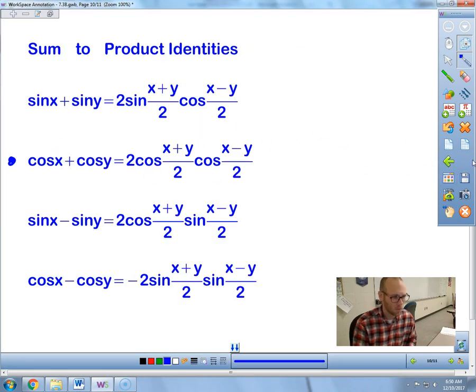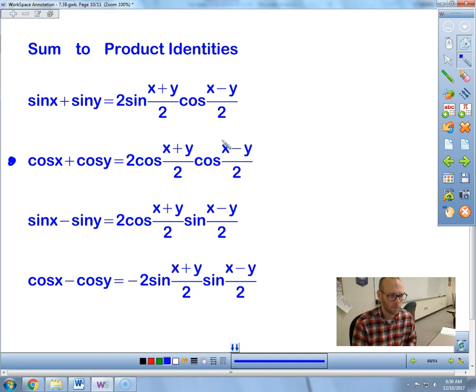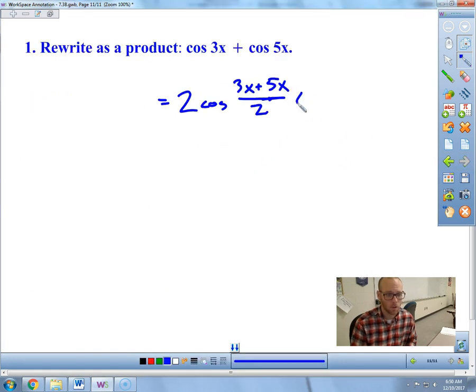What's my x? What's my y? Those are those two angles. That's 3x plus 5x over 2. Cosine of x minus y over 2, cosine of 3x minus 5x over 2.